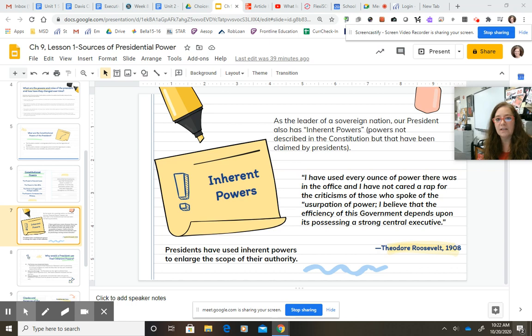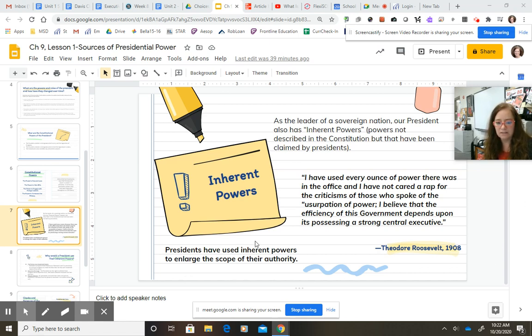So Roosevelt expanded the powers of the president, just like many presidents did before him. Lincoln did during the Civil War, and Jefferson did, way back to our founding fathers. So presidents along the way have given shows of power, and as long as it's not forbidden, it's generally been accepted.